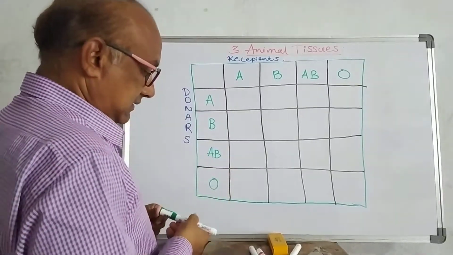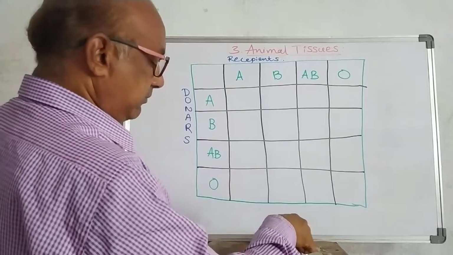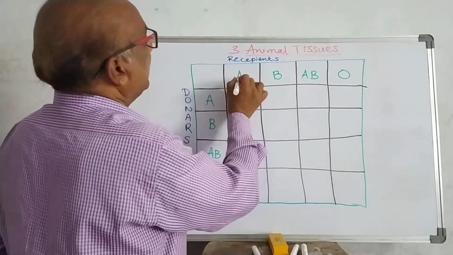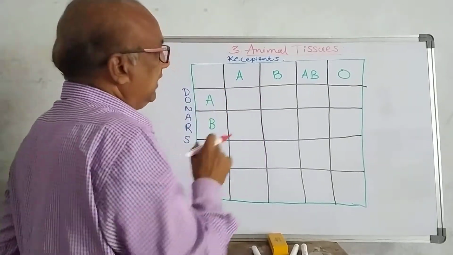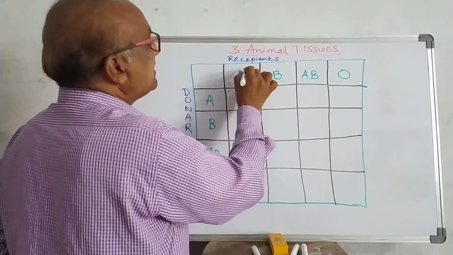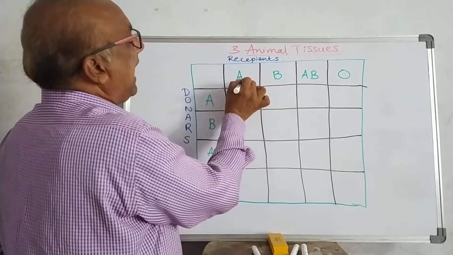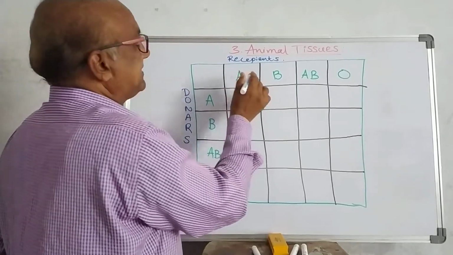You already know what antigens and antibodies are present in the 4 blood groups. In each blood group I am writing antigens as a power and antibodies as a base.